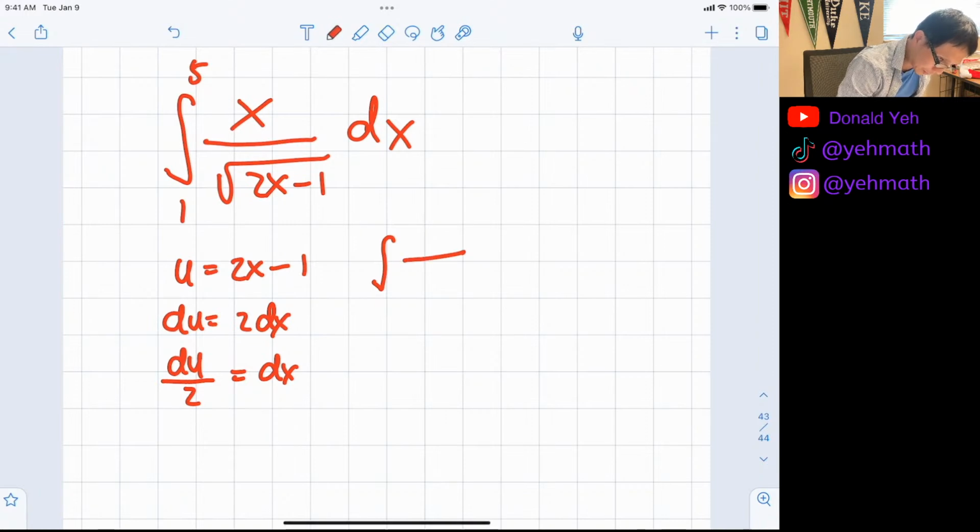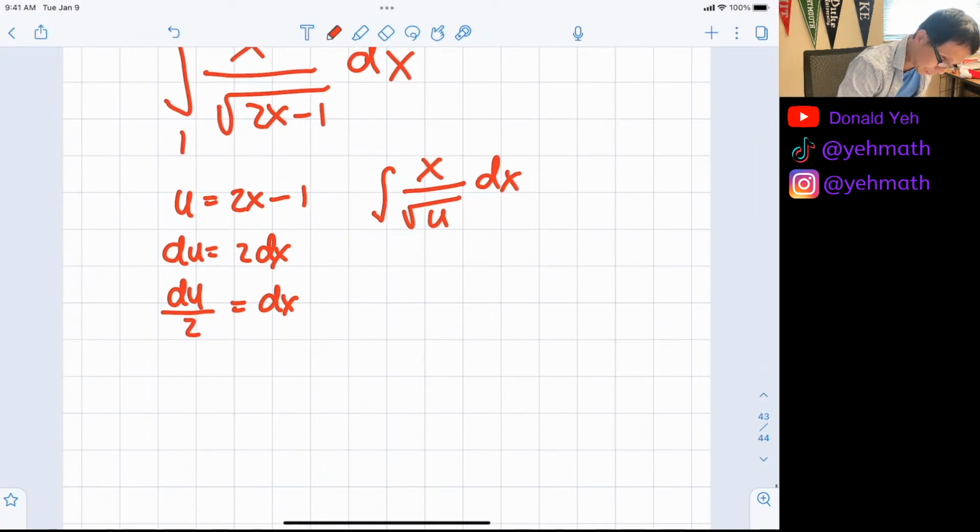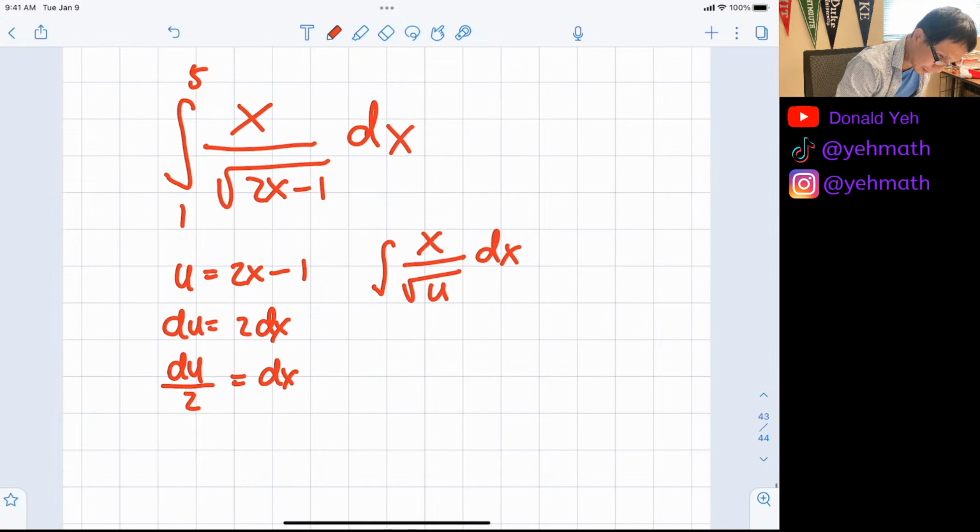I'm gonna go with square root of u, which is small. dx. No. Nice try though. Wait, why is it?